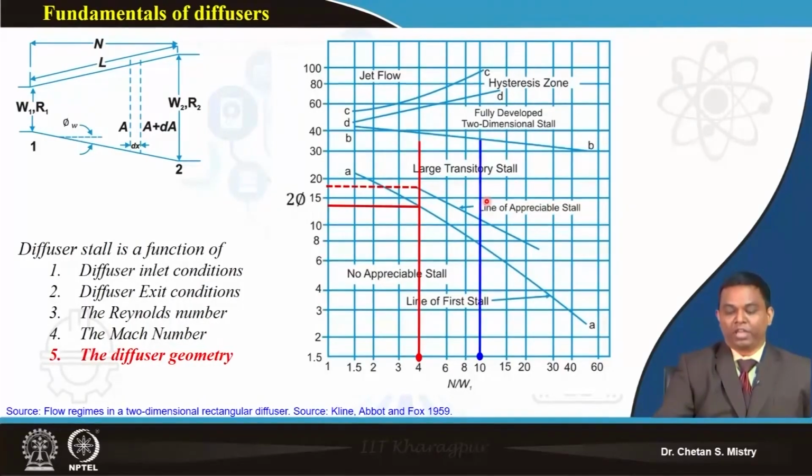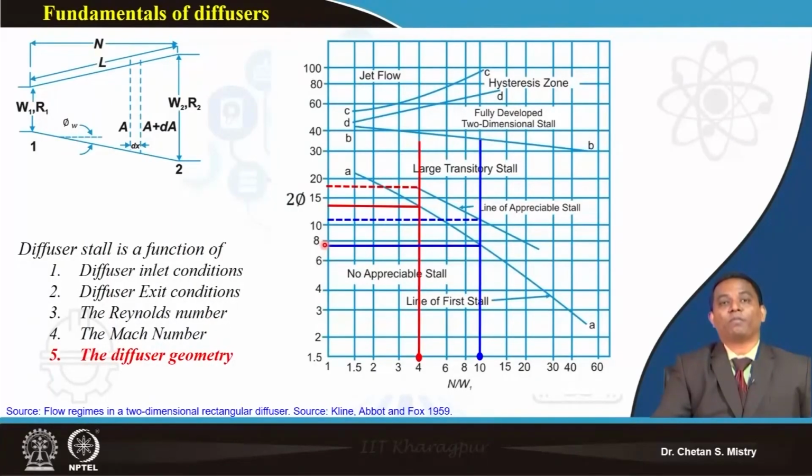In that case, your 2 phi, or divergence angle, comes out different. Here it says you need to go with an angle of 7 degrees or 7.5 degrees. If I increase my angle beyond that, it gives me all kinds of flow configurations. So, this is one of the fundamentals required for the design of my diffusing passage. Let us try to understand the application of that.